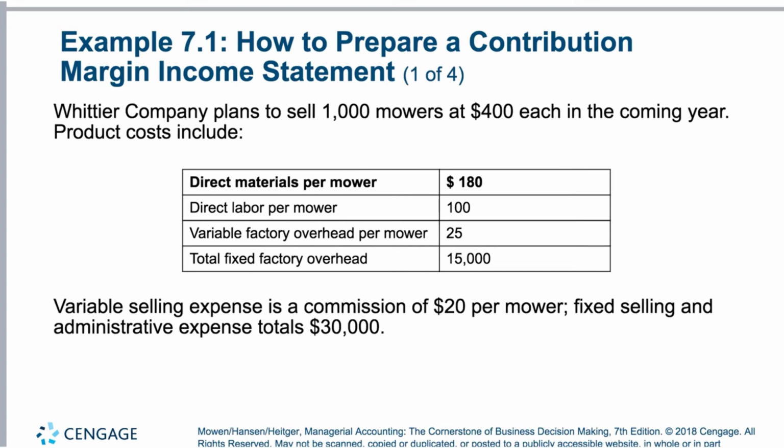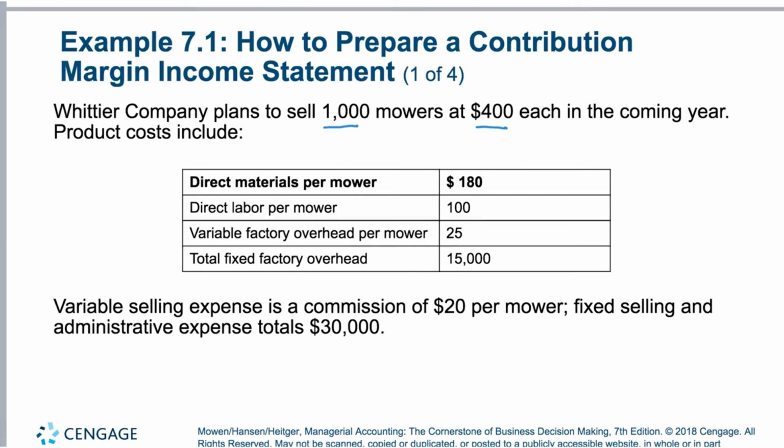Okay, here is an example of how to prepare a contribution margin income statement. We're selling 1,000 mowers at $400 each. Our direct materials and direct labor are $180 and $100. Our variable overhead is $25 per mower, and total fixed overhead is $15,000.